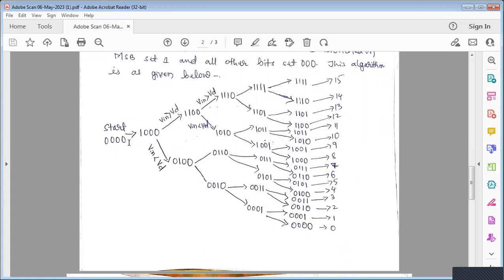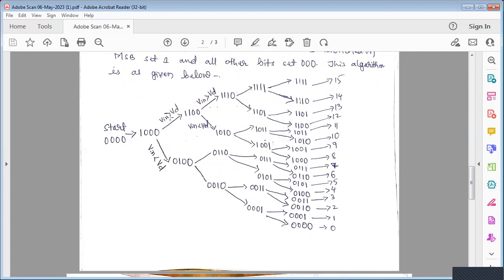When the circuit is switched on, the MSB is always set to 1, and all other bits are set to 0. Now the two possibilities come: the input voltage may be greater than the VDAC voltage, or less than it.